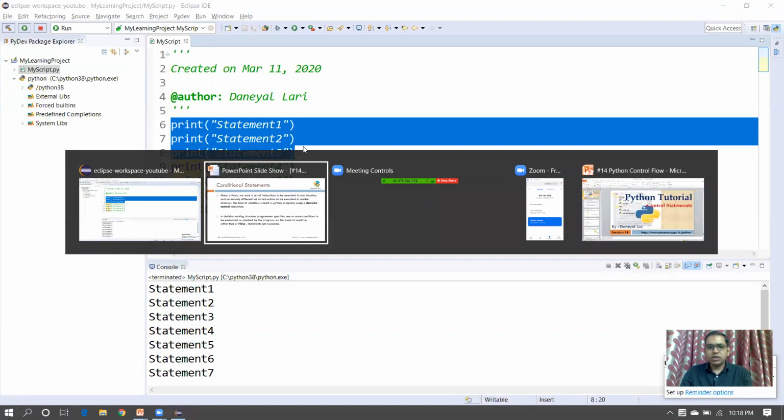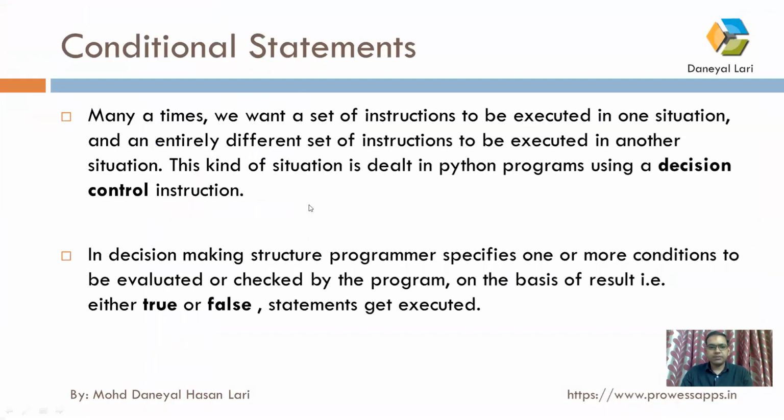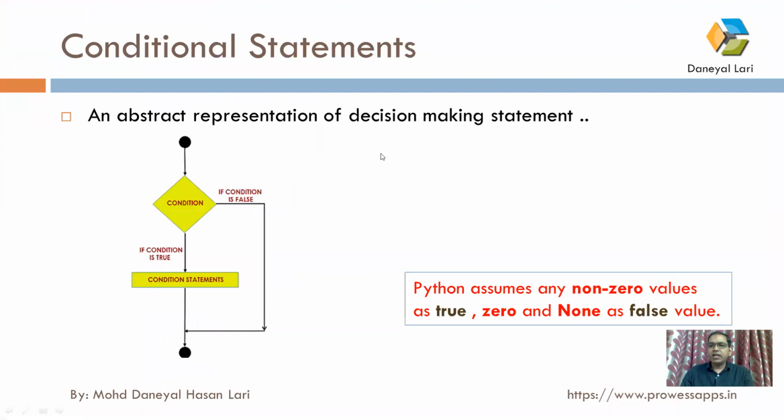So how to do this in our programming? We write the conditional statements. This is an abstract representation. Just look at here. When we start our program, it will start from here. Then one condition will be checked, and if that condition gets true, then those statements that are under the control of that condition will execute, and our program will continue in the flow.